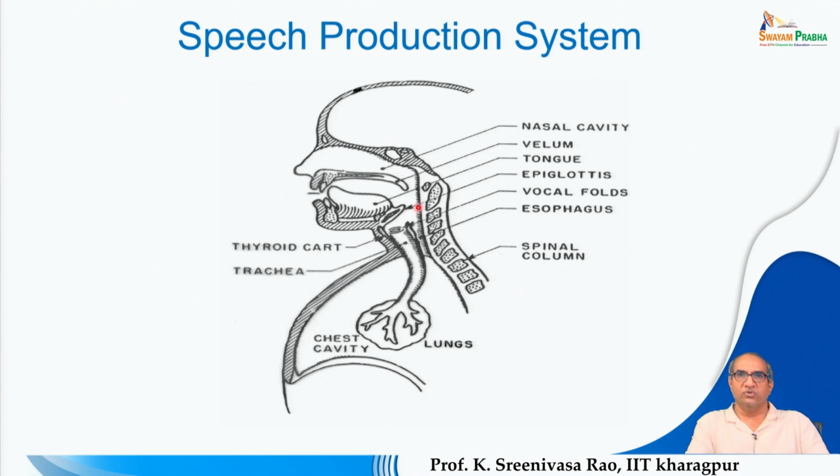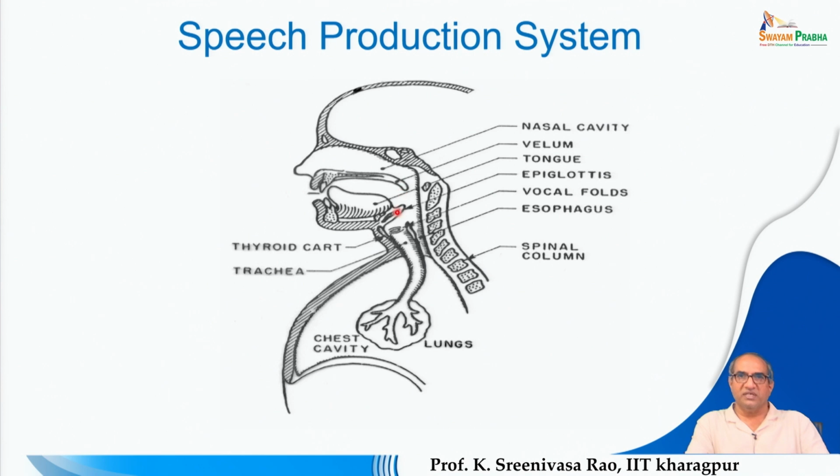Beyond the vocal folds is the pharyngeal cavity, the space between the vocal folds and the velum, that is the beginning of the nasal and oral cavities. Following that we have the oral cavity, and above it the nasal cavity.